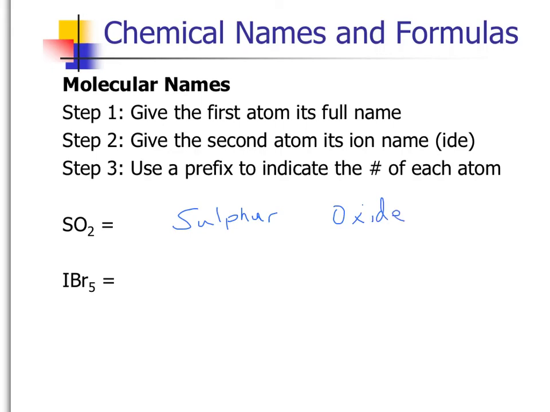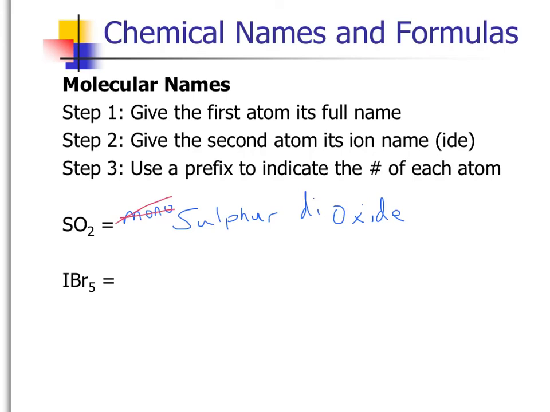I have 1 sulfur, so I use the prefix mono. I have 2 oxygens, so I use the prefix di. So now I have monosulfur dioxide. Now, the mono is not required on the first atom. It's optional. But if you have 1 atom of the second element in a molecular compound, the mono is required.